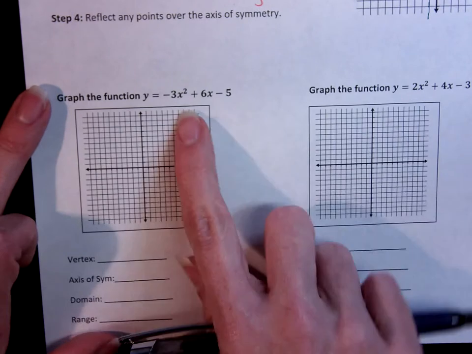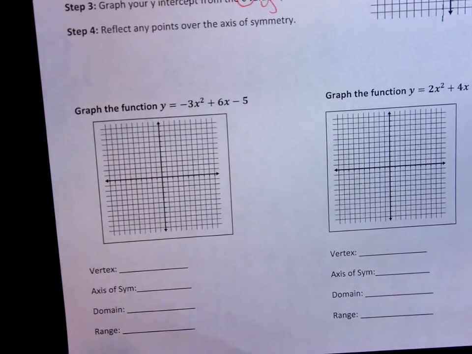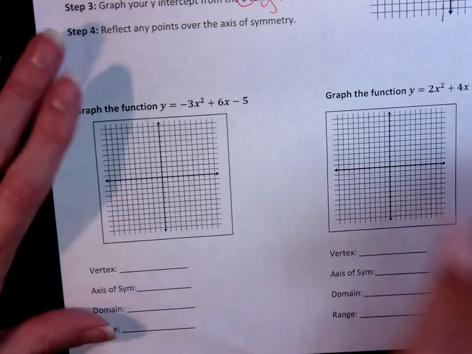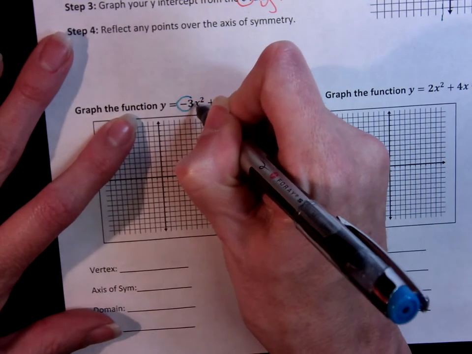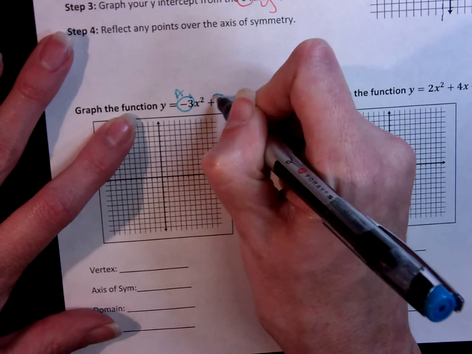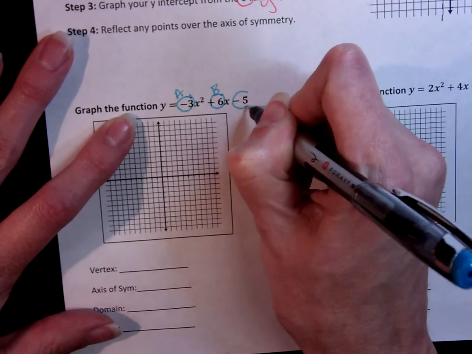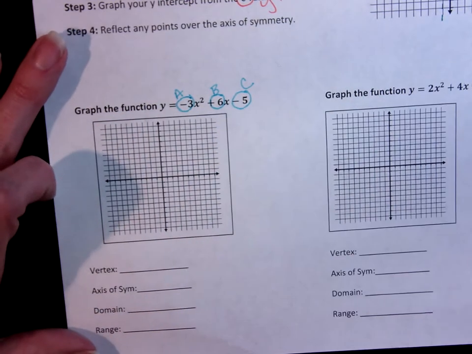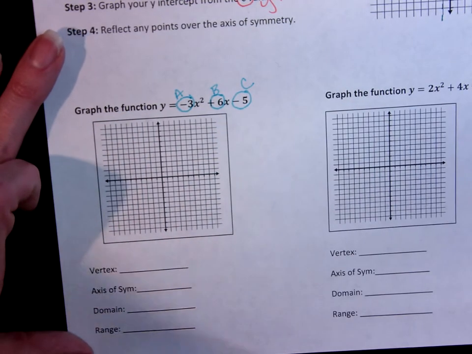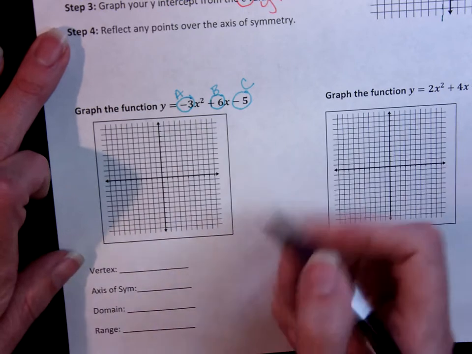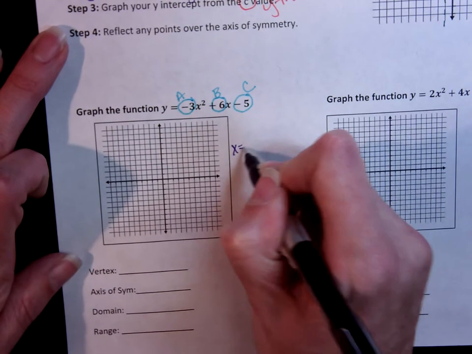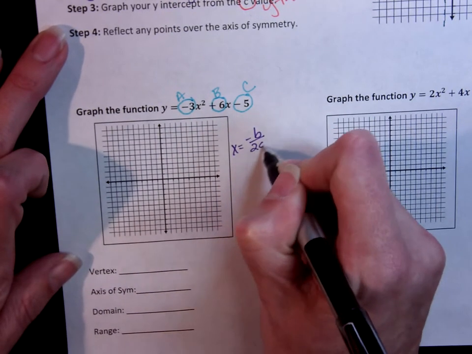Now we're going to look at negative 3x squared plus 6x minus 5. So I'm going to label a as negative 3, positive 6 is b, negative 5 is c. And we're going to follow the same steps. First, x equals negative b over 2a.